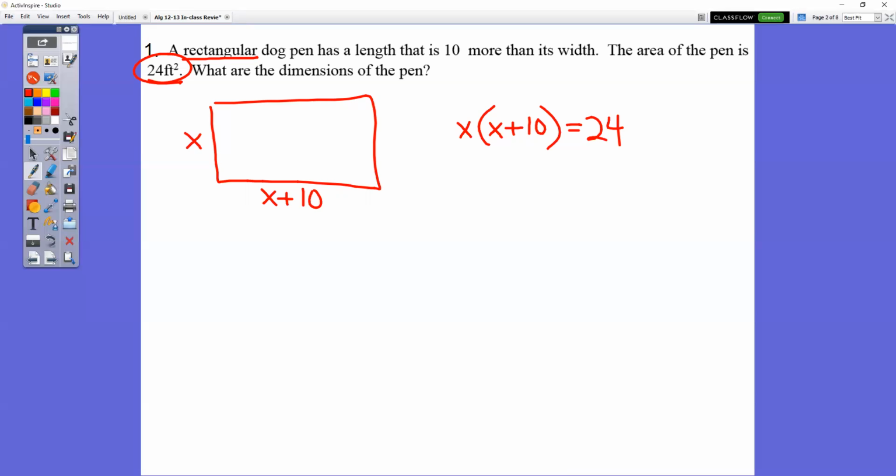Remember, you have to do the distributive property first, and then set it equal to 0, and then do the quadratic form.